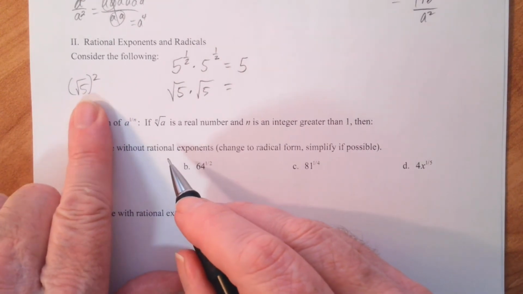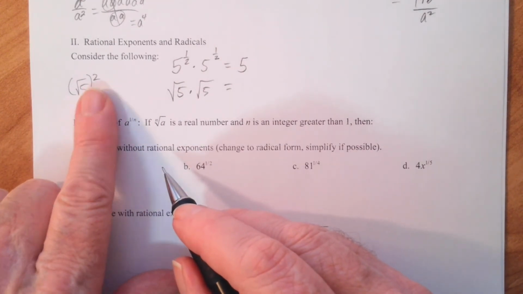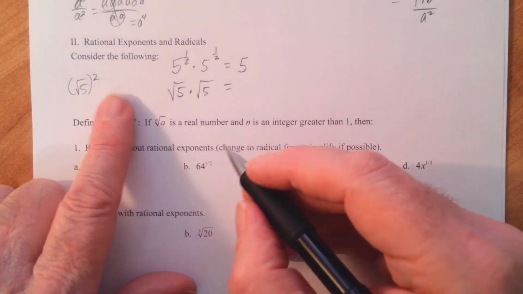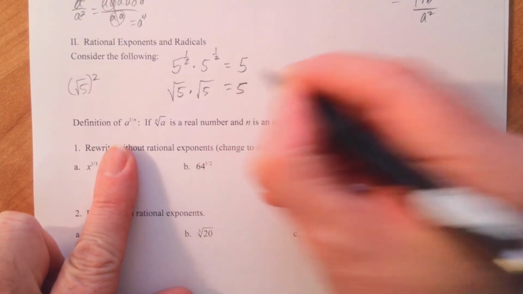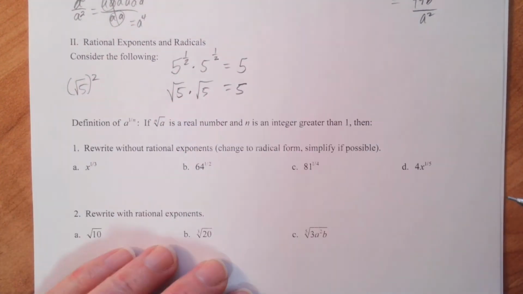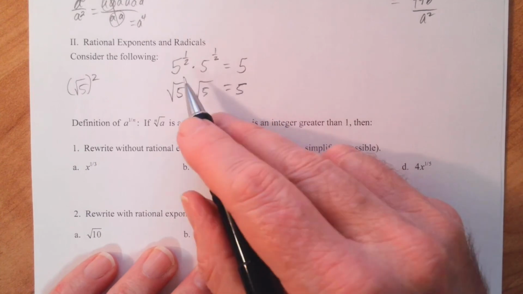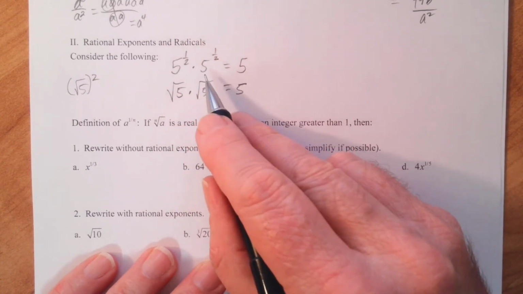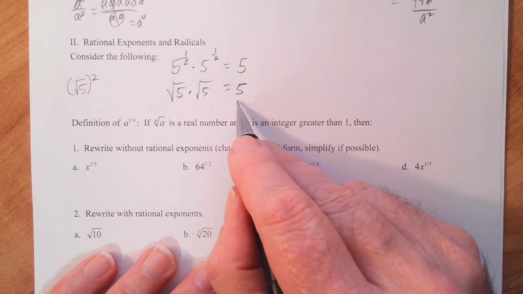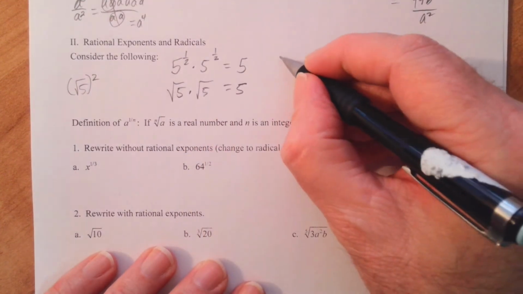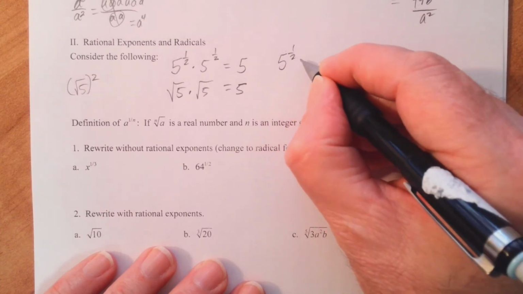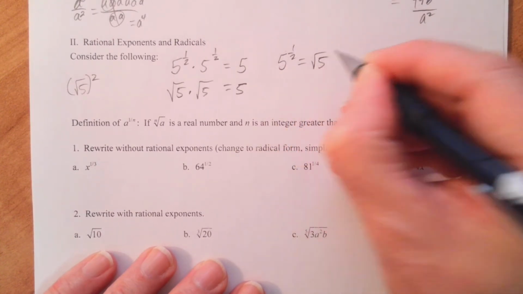And we know these are opposites, so if you square the square root of 5, you end up with 5. So this is 5. This is the same as that. So notice if 5 to the 1/2 power times itself is 5, and the square root of 5 times itself is 5, it makes sense that 5 to the 1/2 power is the square root of 5.